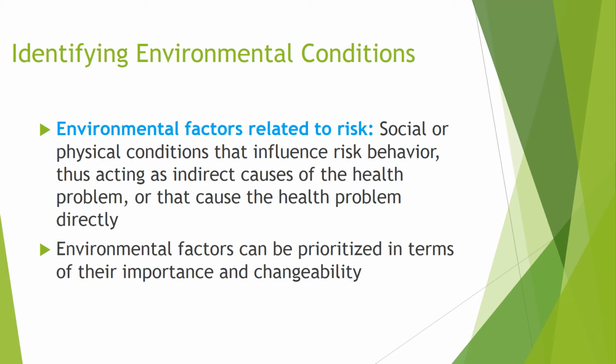The basic idea is that some things are not changeable. So if we were to say, well, we think air pollution is contributing to the problem that we're addressing, we may have very little ability to impact air pollution in the short term. In the long term, maybe so, but maybe we need to get our program in place that can have an impact within a couple of years. We probably wouldn't try to tackle air pollution.